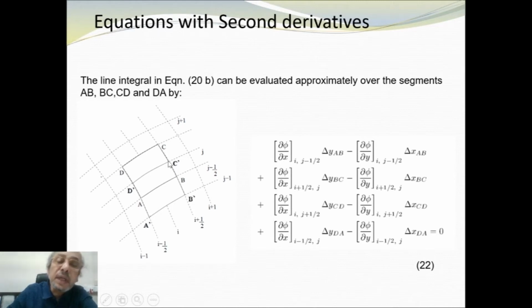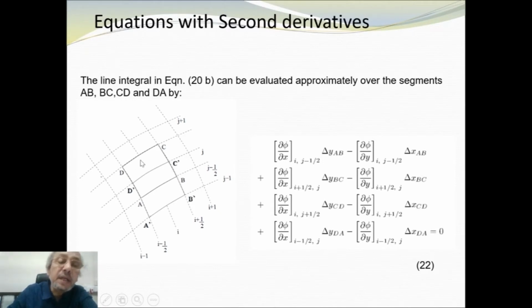The coordinate of this point is i plus half, j, so del phi del x at i plus half, j into again delta y, the vertical distance between points B and C, and then del phi del y at i plus half, j into the horizontal distance between points B and C. So basically we are multiplying del phi del y at this point into delta x BC. So this part is the second line.